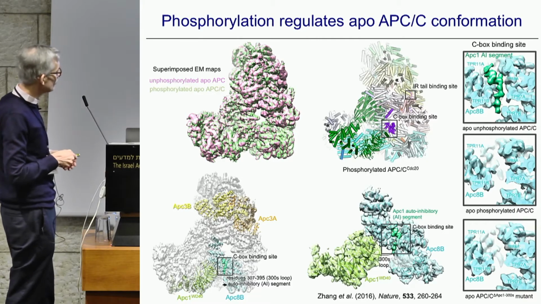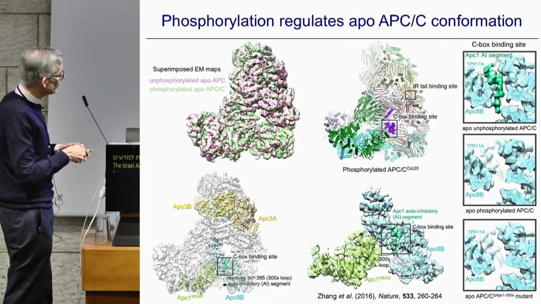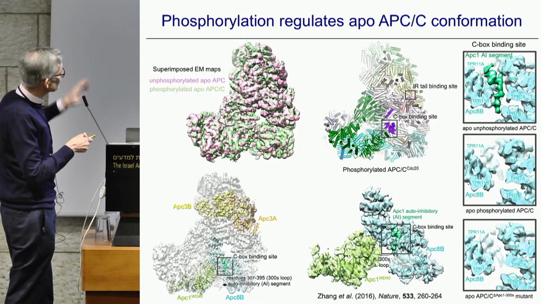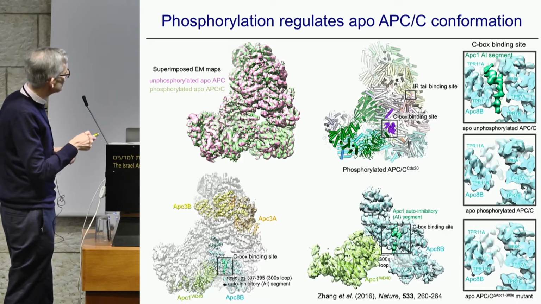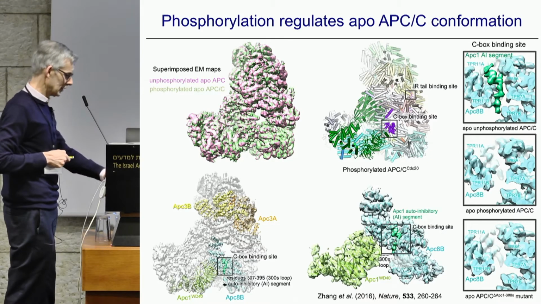And when we deleted this loop, we found that this binding site, this pocket now, was devoid of EM density. So that suggested that this density, which you couldn't determine its sequence very well early on in this reconstruction, was density arising from residues of the 300 loop from the APC1 subunit.